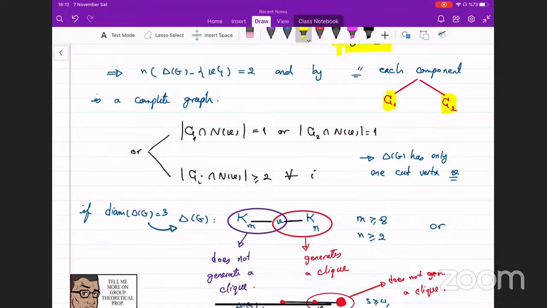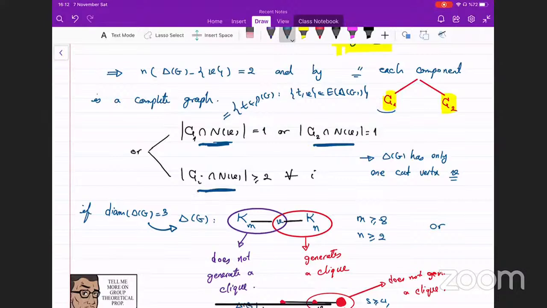Okay, so you may consider whether you have a vertex in C1 with neighbors of V. So by N of V, I mean those, let's say, T in rho G such that T and V is inside the edge set of delta G. So those vertices which are neighbors of V. So whether the intersection of C1 with neighbors of V is 1, or the intersection of C2 with neighbors of V is 1, or each of them has at least 2 elements in their intersection.